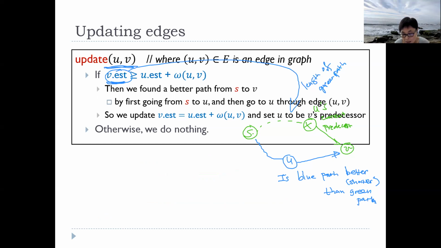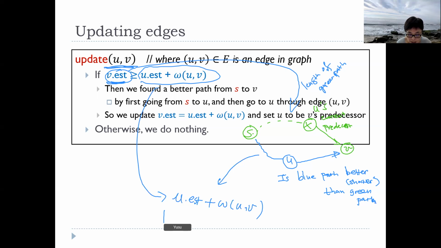The blue path is the best way to go from S to U plus the edge UV. So the best way to go from S to U is U dot estimate, the best way so far we found going from S to U, plus the weight of UV. This is simply the length of the blue path, the new one we just discovered.